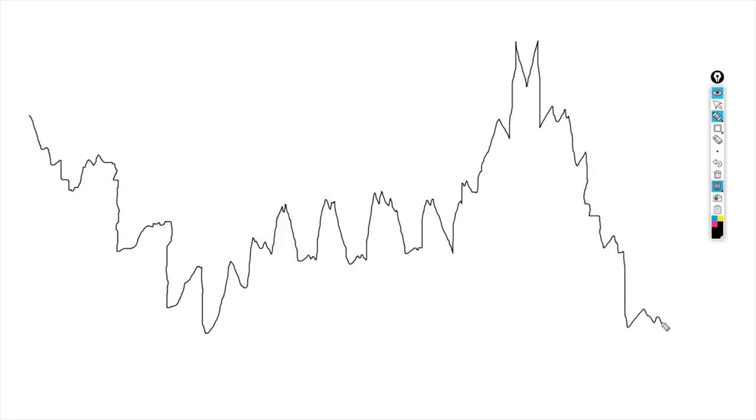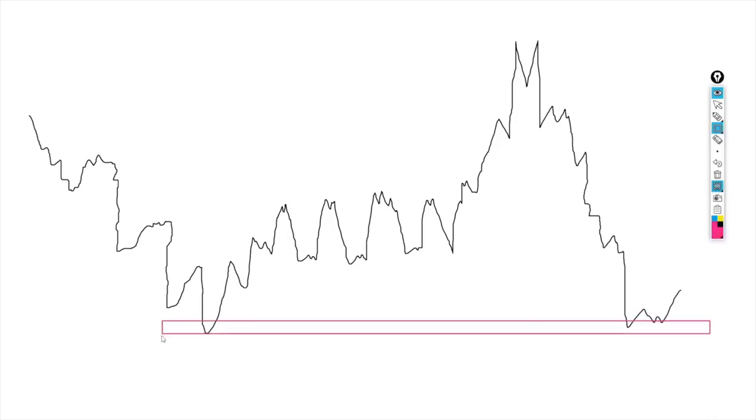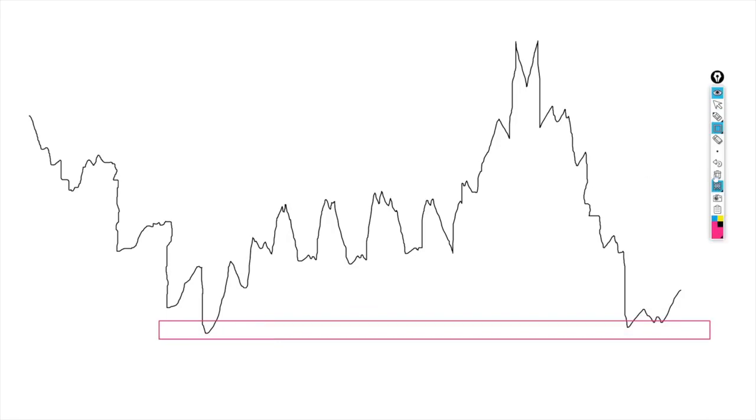Now, for you to understand different time frames and how to apply support and resistance lines, you need to know how you're going to apply them. Let's say at this moment here, we have a very strong support zone. The market is failing to push below the structure, so we know that it's a very strong support zone.